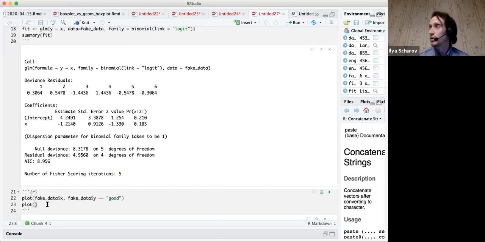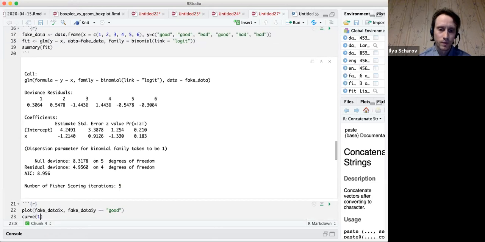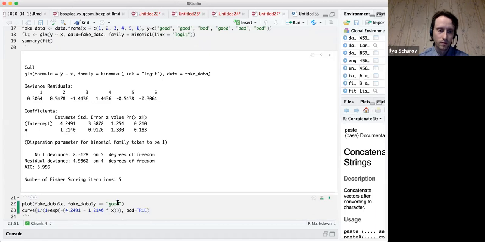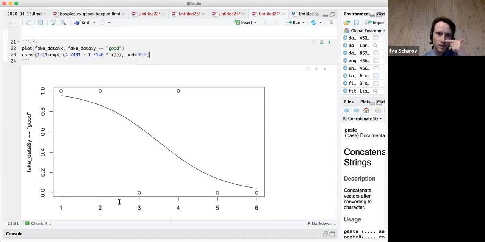So I need some numeric values. Okay, I think I can use curve here to draw 1 over 1 plus exponent of minus, let me try. Yeah.